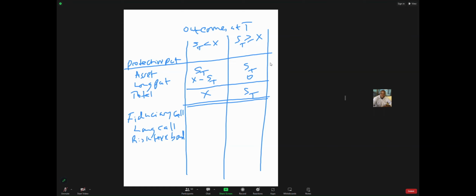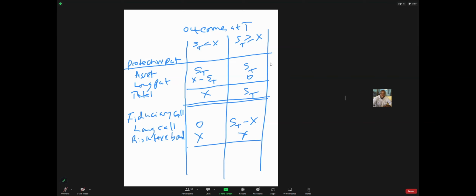So when ST is less than X, the call will be valued as 0. When it is greater, the call will be ST minus X. The value of the bond here will be X, so that when it matures, its value is X, and here it is also X.